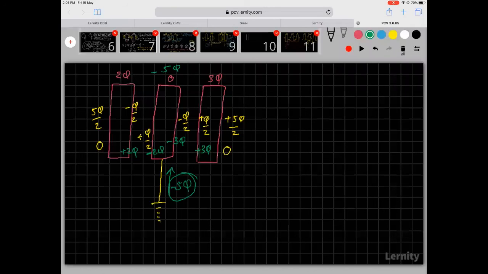The logic that we are using in all these questions: one, inside the conductor, electric field is 0. Two, obviously we are using charge conservation. Charge cannot be created nor destroyed.